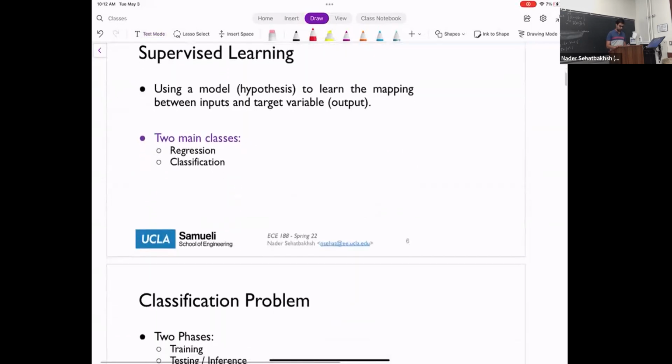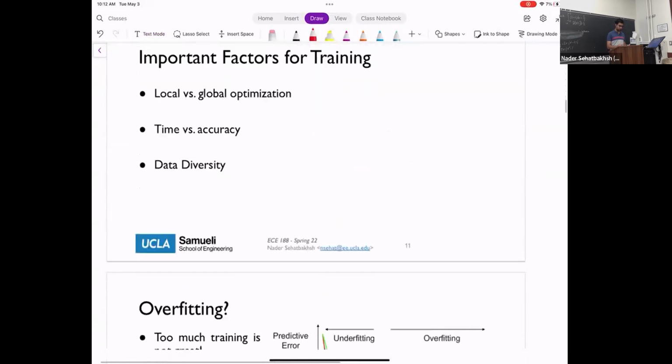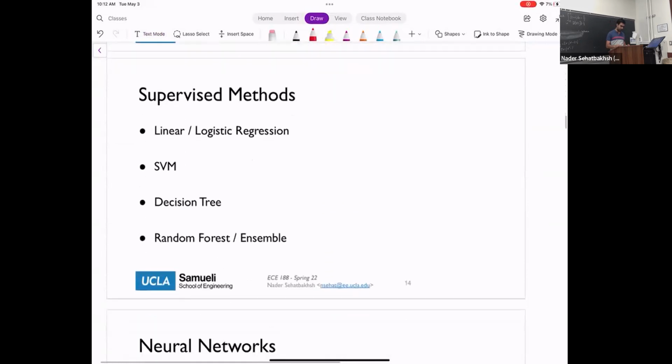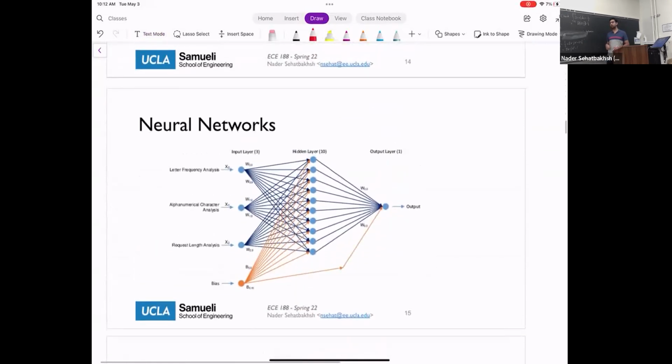Before jumping into the attack and security part, we had to go over fairly boring stuff that most of you probably already know about: overfitting, what is machine learning, different classifiers. Then we zoomed in on neural networks because most of these attacks focus on them, mainly because neural networks are the most popular and, I would say, most powerful part of machine learning.